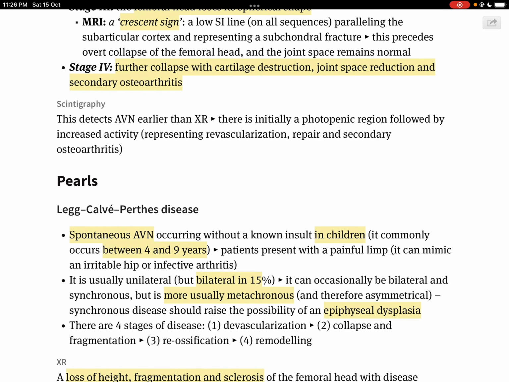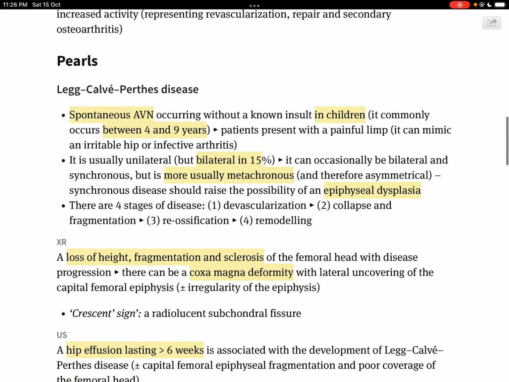Scintigraphy can detect AVN earlier than X-ray. There is initially a photopenic region followed by increased activity, representing revascularization, repair, and secondary osteoarthritis.